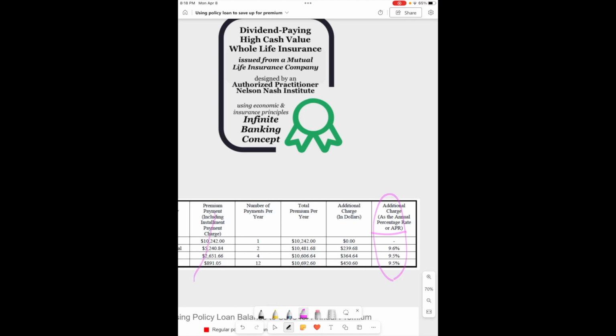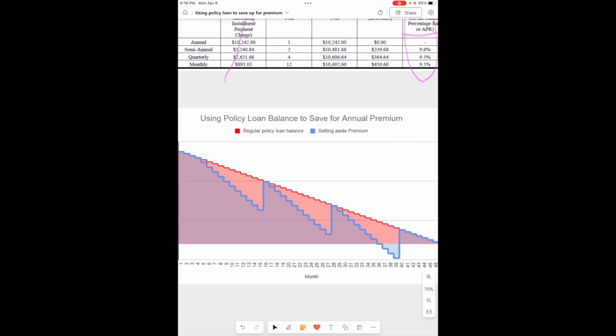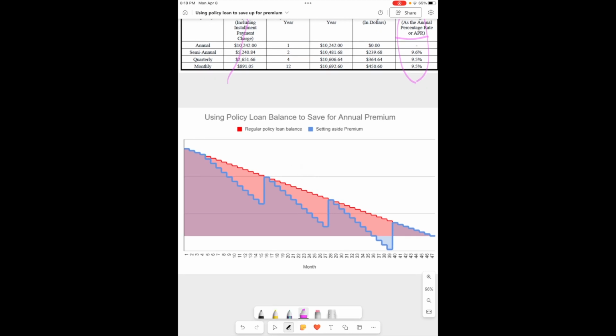So here's an example of a way we can do that using the policy loan balances to save up for annual premium. And what we've illustrated here, I've shown a little chart where we start off our system of policies and we have an existing policy loan.